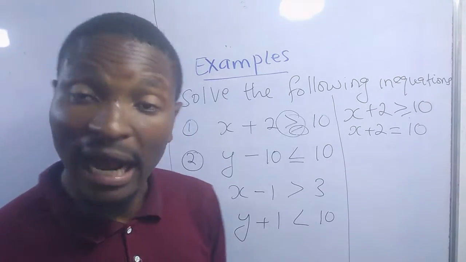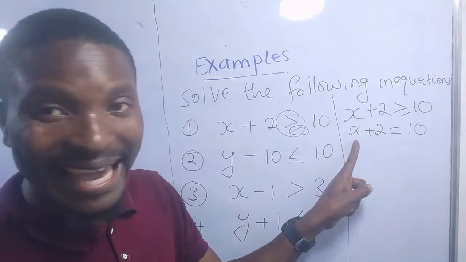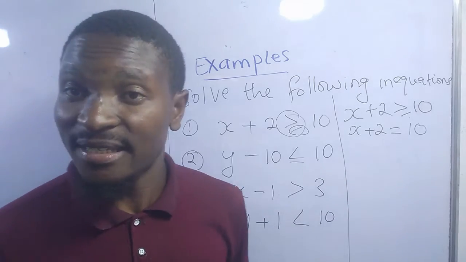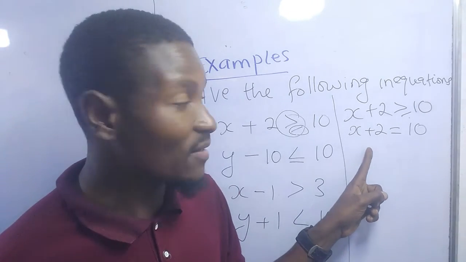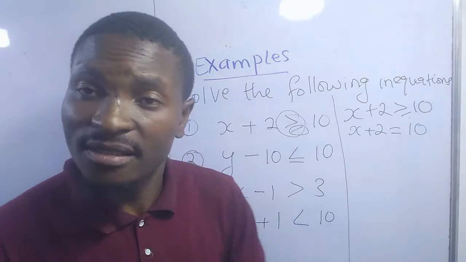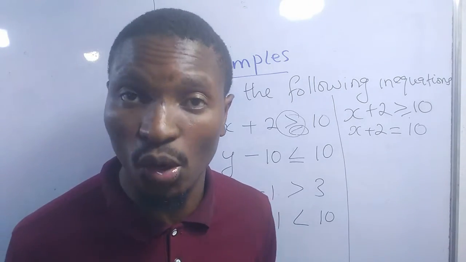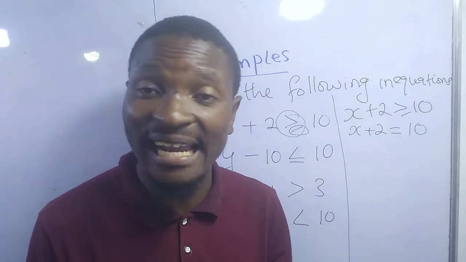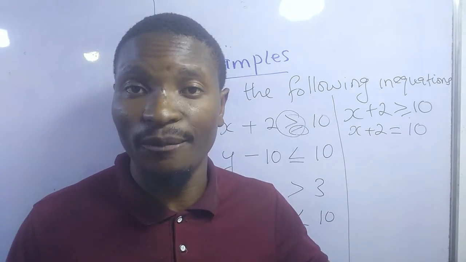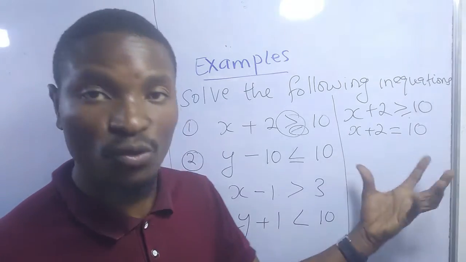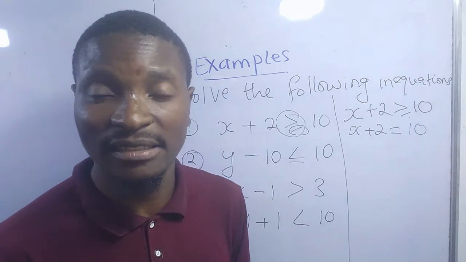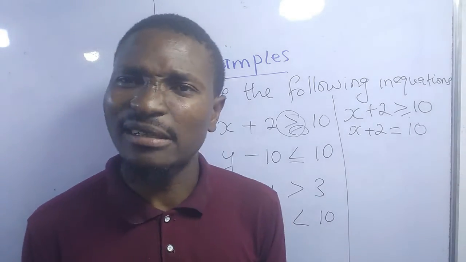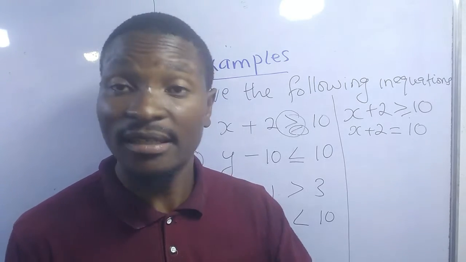Now from there, you ask yourself, when they say x plus 2, what does this mean? It means that x is a number that we don't know. Anything that we don't know, we can represent using any letter of the alphabet. So x plus 2 is going to give us 10. But what is the number that x represents?